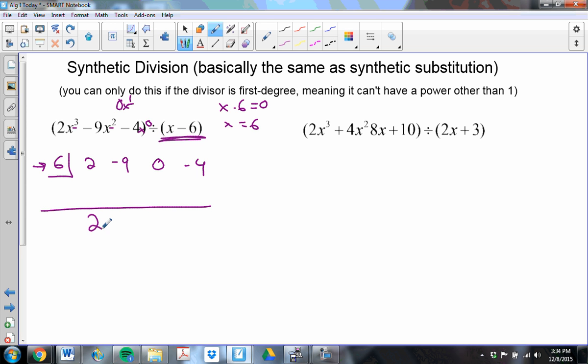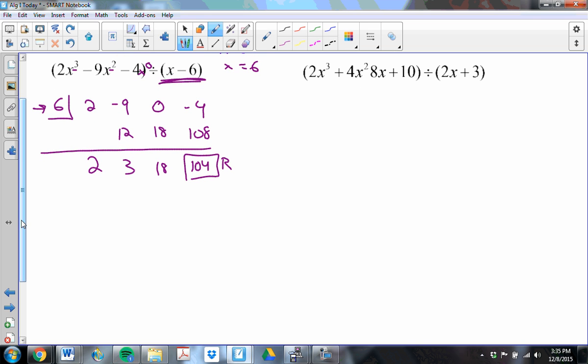So let's go through this real quick. Drop down the 2, 12, add them up, get a 3, 18, add them up, get an 18. 18 times 6 is 60 plus 48, so 108. Negative 4 plus 108 is 104. This is my remainder. Since it wasn't a 0, that means that x minus 6 isn't a factor of 2x to the third minus 9x squared minus 4. But it does mean that I can find the quotient.